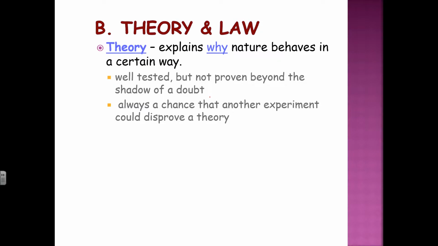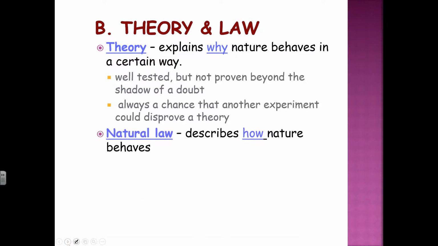So there's always a chance with a theory that another experiment could cause you to need to change it or to tweak it. Theories evolve over time. That's important to understand. They're not 100% set in stone. There's a chance a theory could change or could be altered at some point.